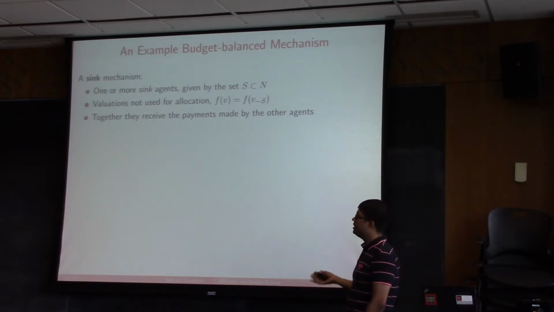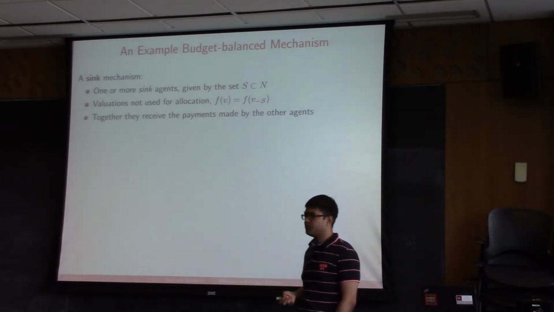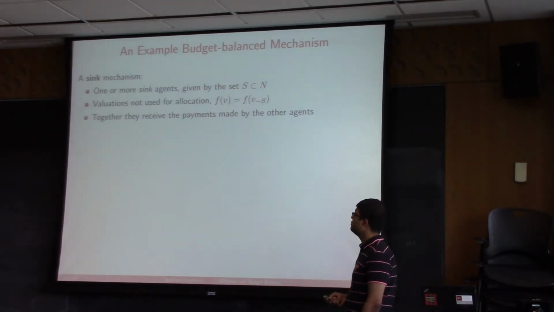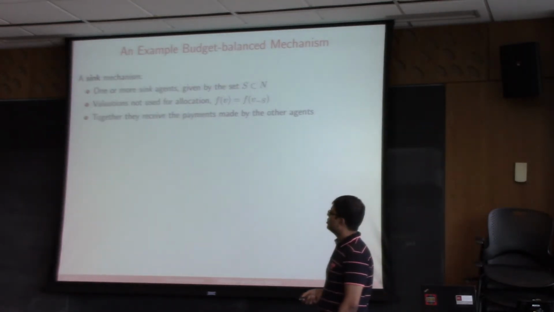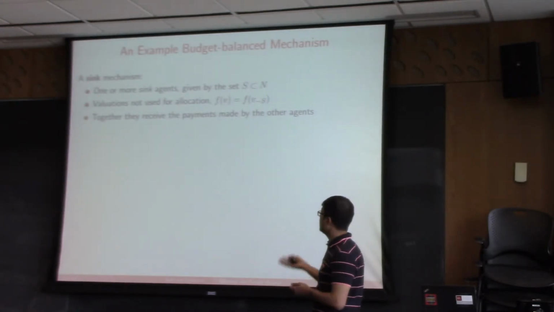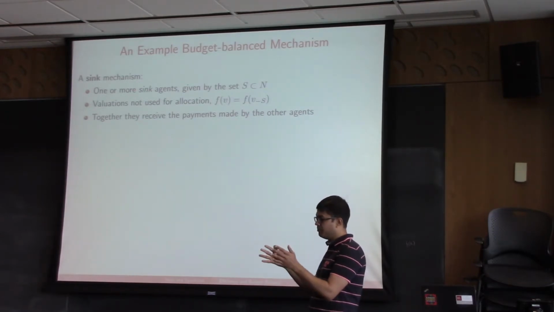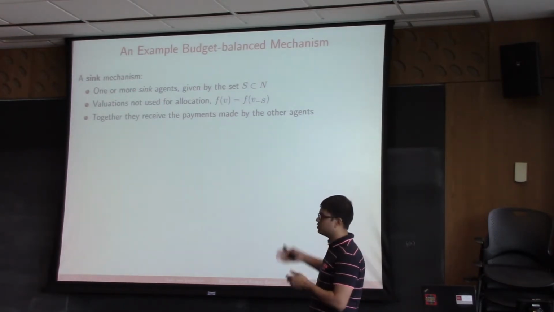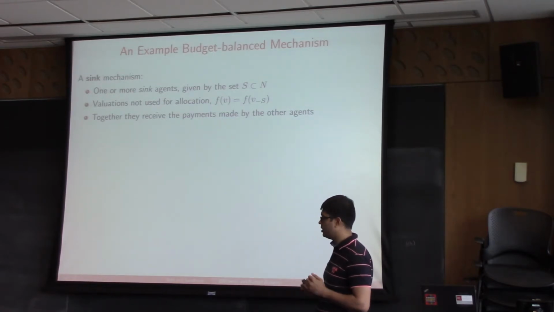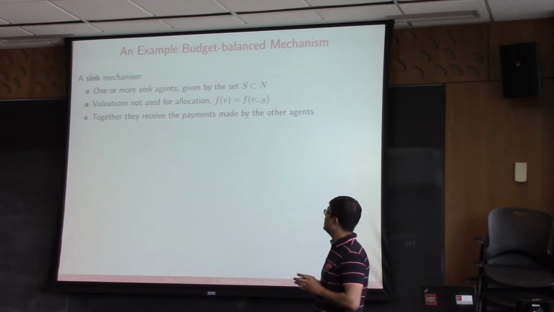Before I give the final result on the lower bound of this inefficiency metric, let's discuss one specific mechanism. This is a pretty intuitive mechanism. We call it a sink mechanism. So we have one or more sink agents. A bunch of agents denoted by S, which is a subset of the set of all agents, is called the sink agents.